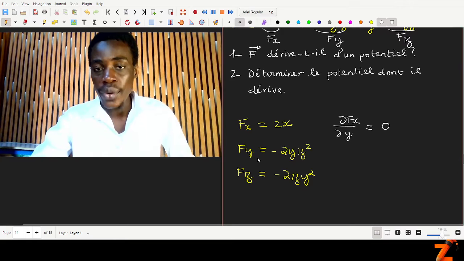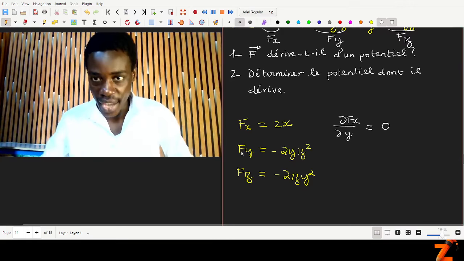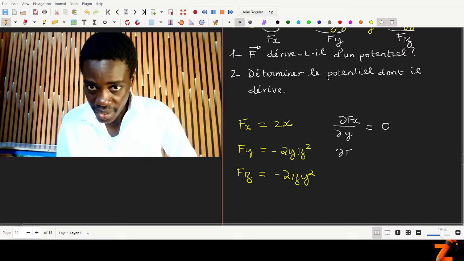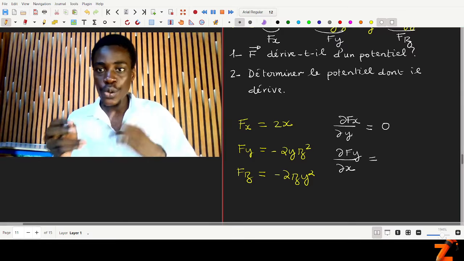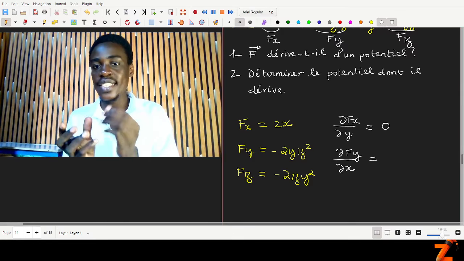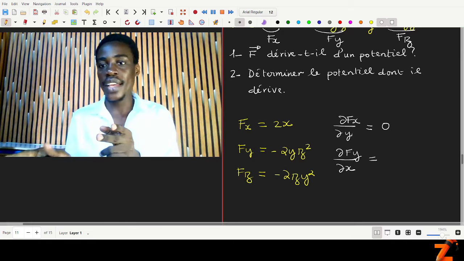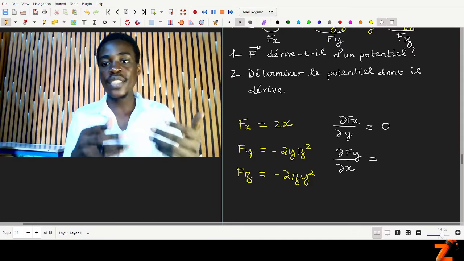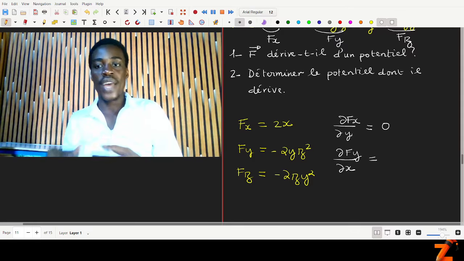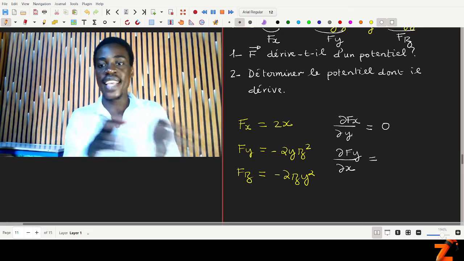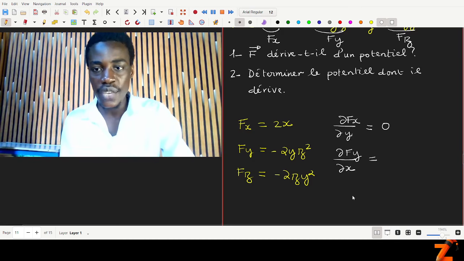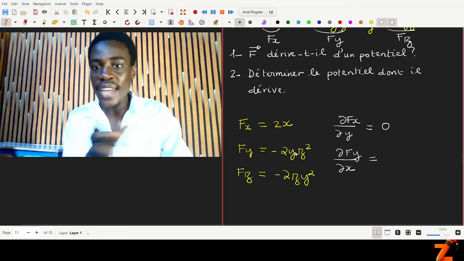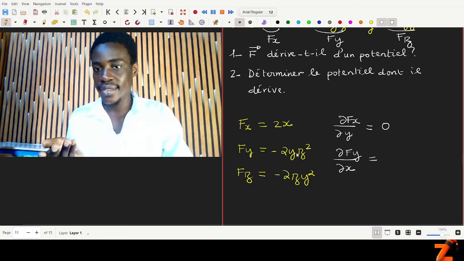And I will take also fy. I will calculate the derivative of fy with respect to x also. Okay? Do you notice how I take these two derivatives? I take x and y. Derivative of fx with respect to y, and the derivative of fy with respect to x. Okay? So you take x and y. So what is the derivative? Notice that in the expression of fy, we don't have x.